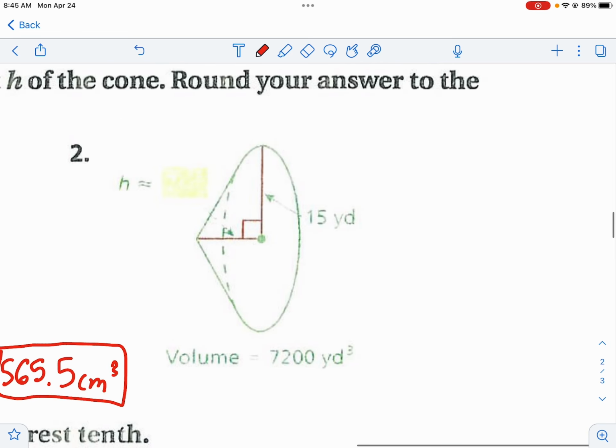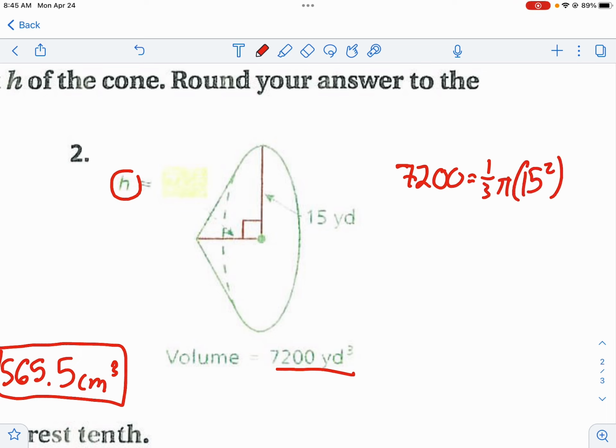Next one, same thing, different. We're given our volume, but we need to find our height. So 7,200 is equal to 1/3 pi, radius is 15 squared times the height. We don't know the height. We can divide all that by that value, which is 15 squared times pi times 1/3, which is 235, so we can divide by about 235.